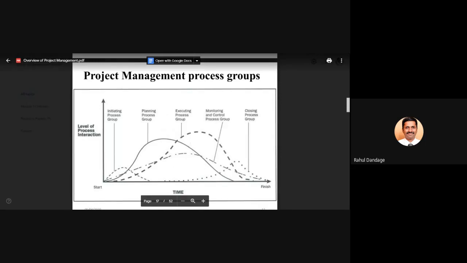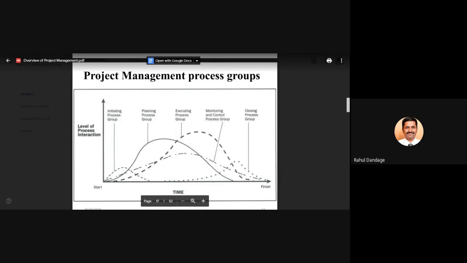And then comes the last process group, that is the closing process group. You can see this closing process group is indicated by these dots. It starts somewhere in the middle of the project life cycle. Initially the level of interactions is less, and gradually it goes on increasing.